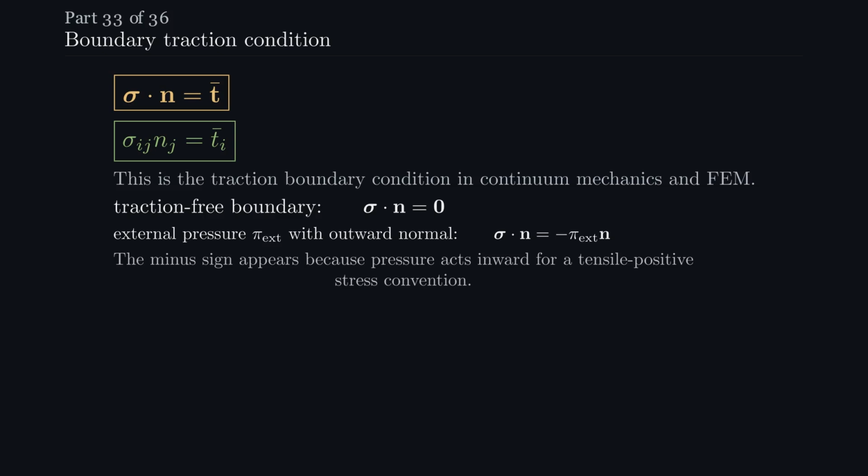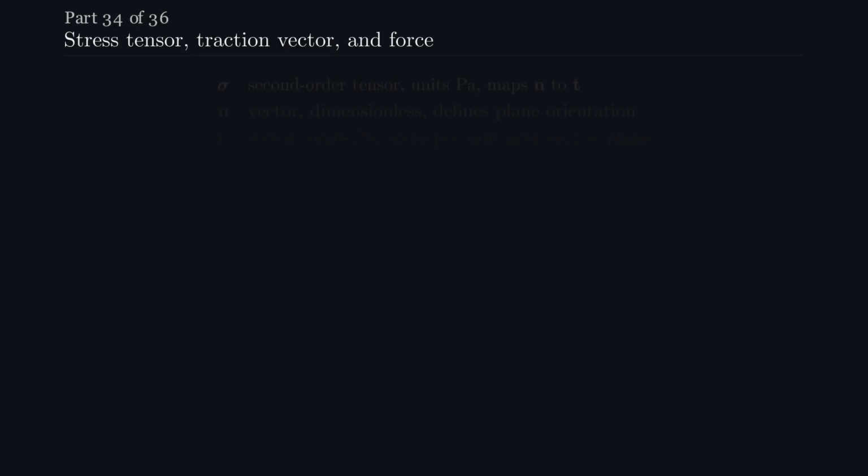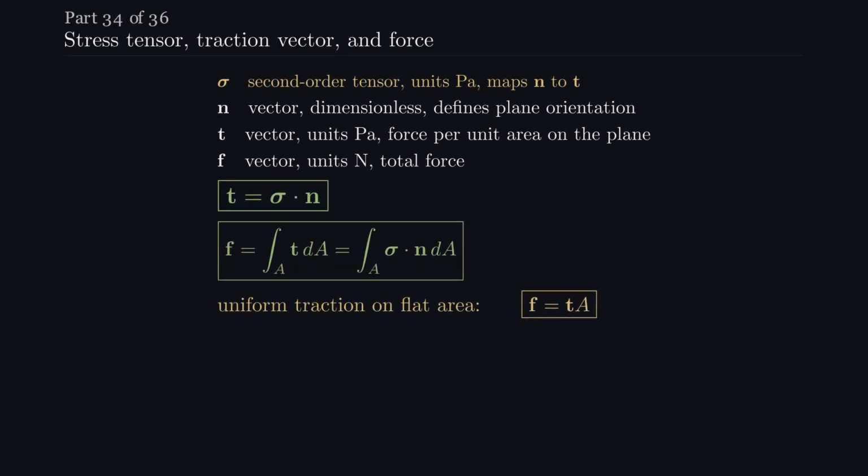In components, sigma ij n j equals T bar i. A traction-free boundary has zero traction. For an external pressure with outward normal, the boundary traction is minus pressure times the normal in a tensile positive convention.